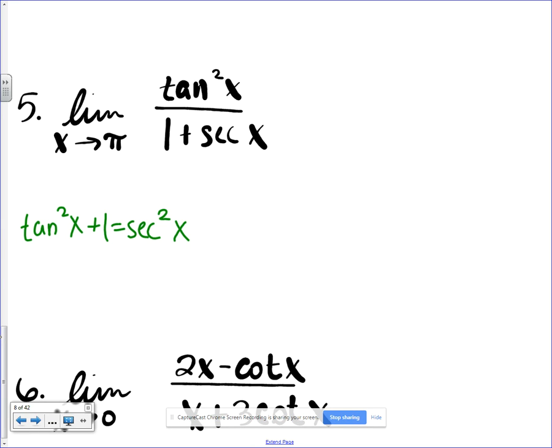Can I manipulate this to look like this? The answer is yes. All I got to do is subtract that 1 over, right? If I subtract the 1 over, it looks like that. Agreed? So I'm going to now take this and put it right there.